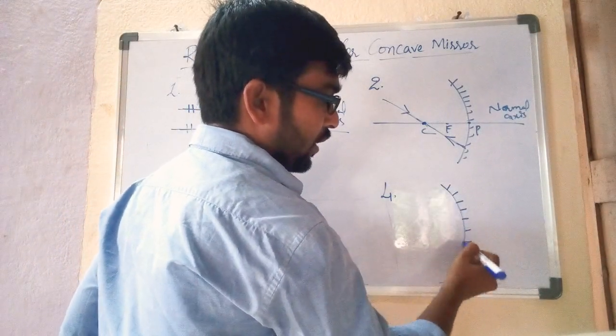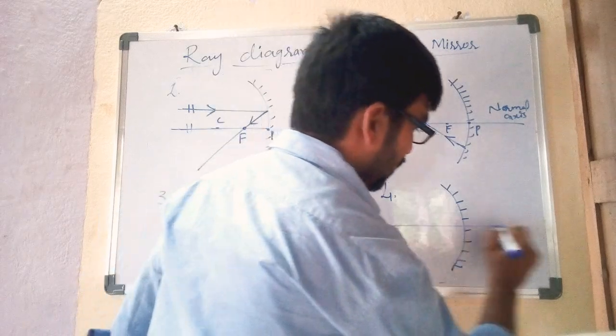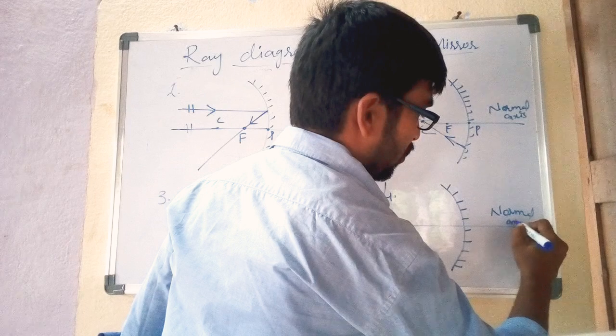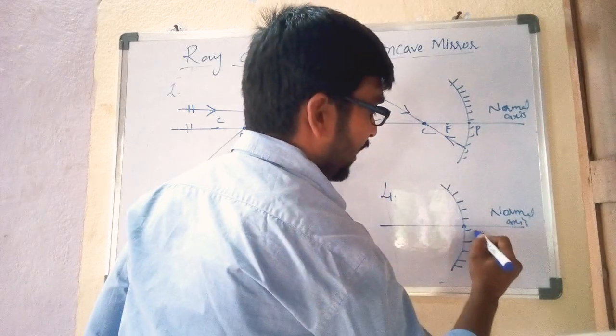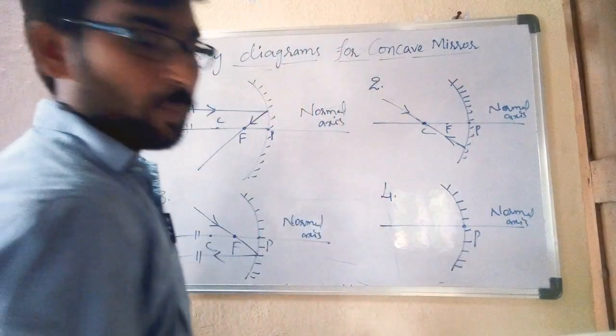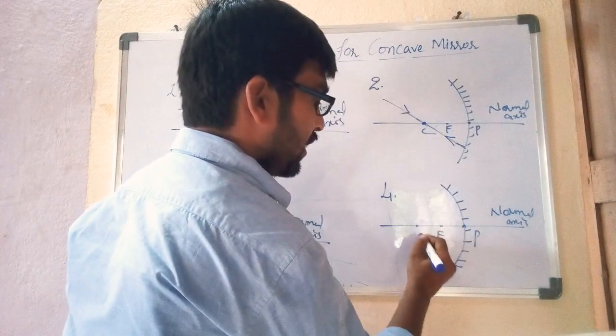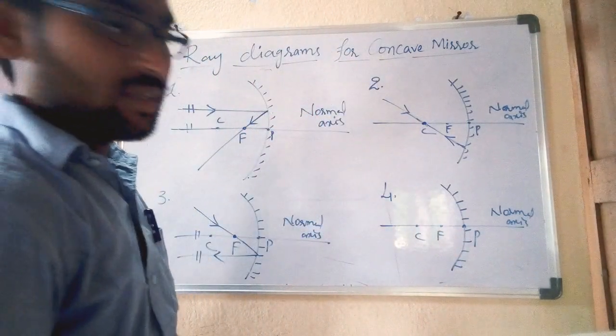Take a concave mirror and it is the normal axis, and here it is the pole and it is the focal point, here is the center of curvature.